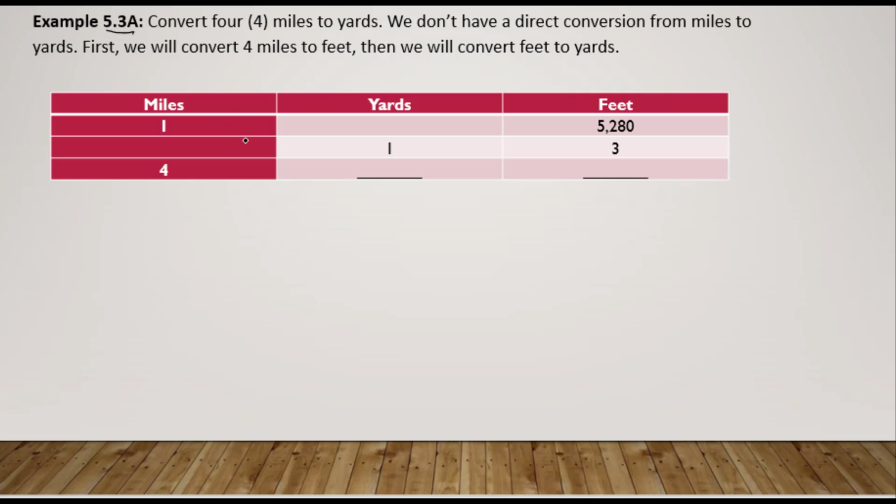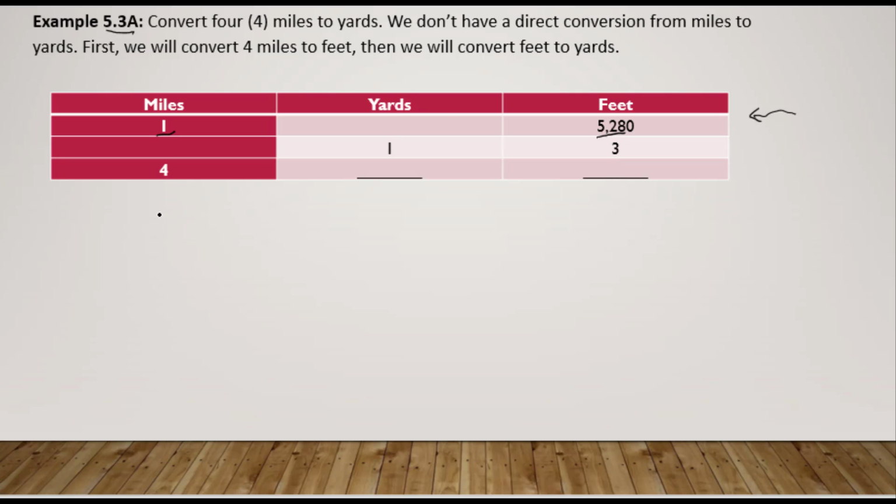This is a ratio table, and each row represents the same quantities, like our number line with roses. 1 mile is the same as 5,280 feet, and 1 yard is the same as 3 feet. We're going to fill this table out and find the equivalencies. In other words, 4 miles is equivalent to how many yards and how many feet.